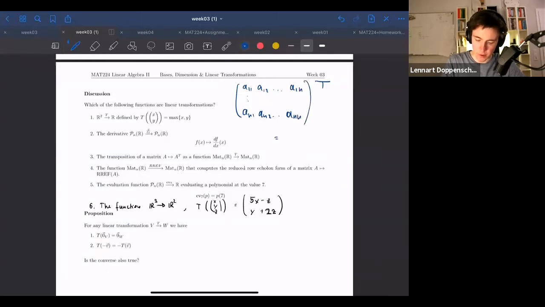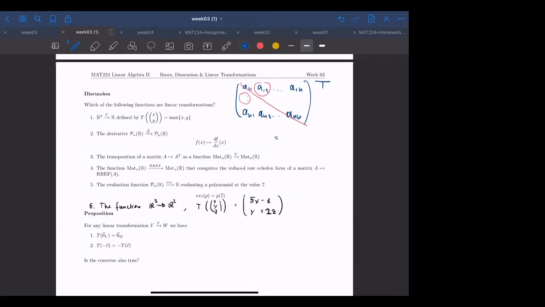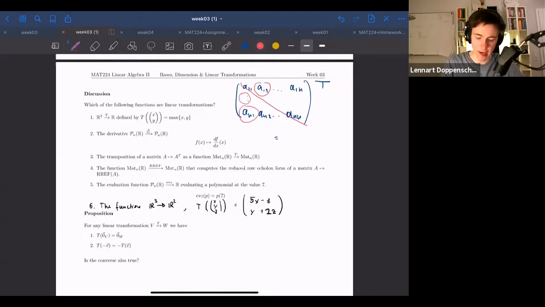So if I transpose this, it just means I interchange the entries from the ij position to the ji position. So the entry n1 is going to be a1n, because they have switched indices ij.